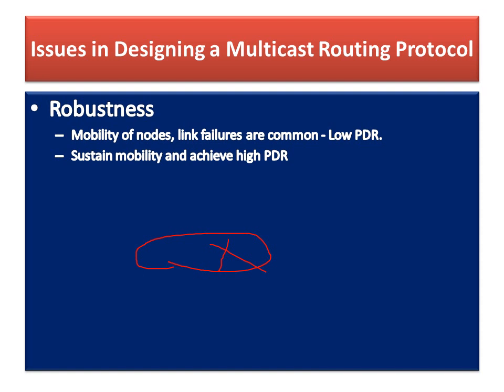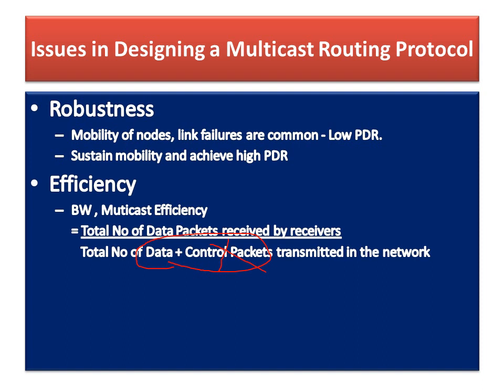So what do you mean by robust? Meaning despite the mobility of the nodes, where you know that link failure is going to be common, which can lead to a very low packet delivery ratio, our goal here is to sustain such mobility and ensure that you achieve high packet delivery ratio. So that's the first thing.